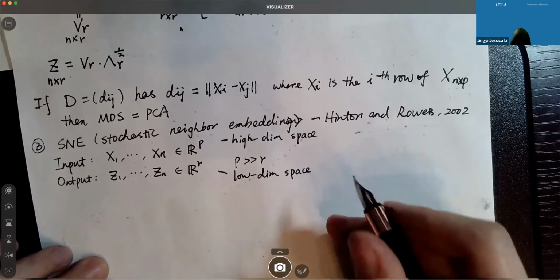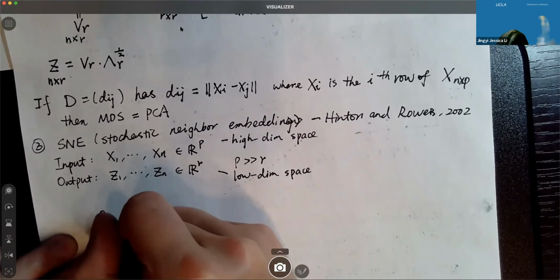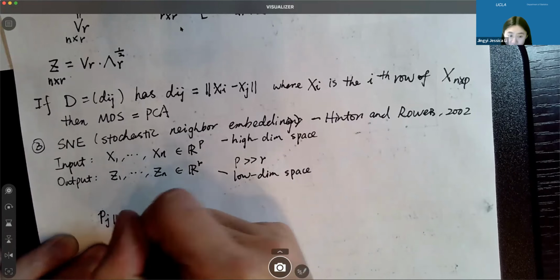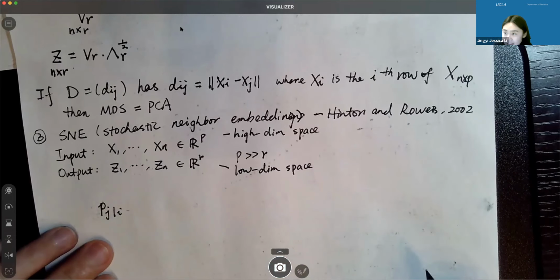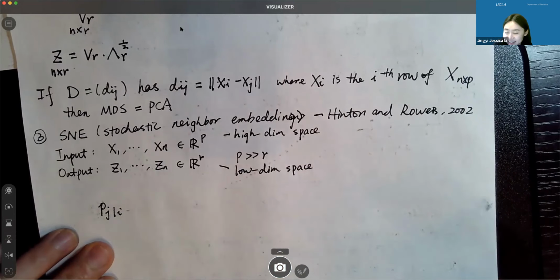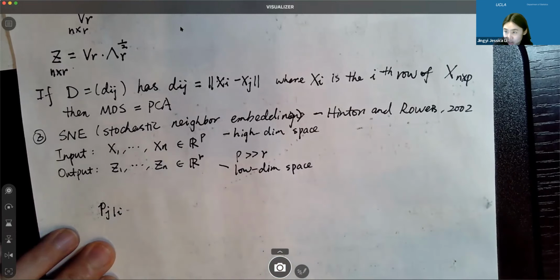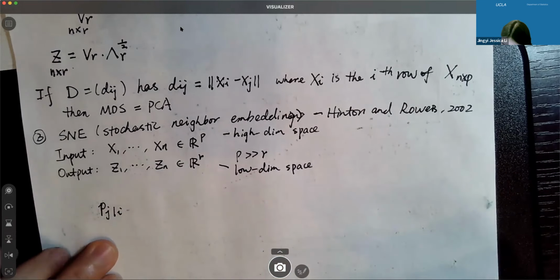Okay, so this is defined as P, j given i. So you are treating Xi as the center of a normal distribution. And then you are going to compute the density of Xj given that normal distribution.